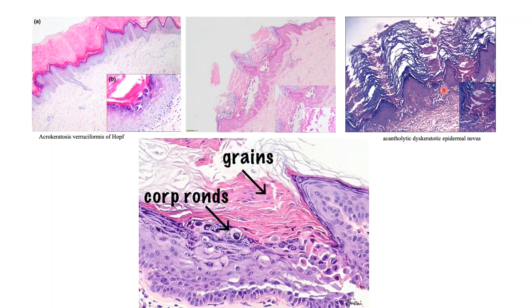In acantholytic dyskeratotic epidermal nevus, though features of dyskeratosis are seen, and hyperkeratosis and acantholysis are also seen, the formation of corps ronds and grains is very rare.